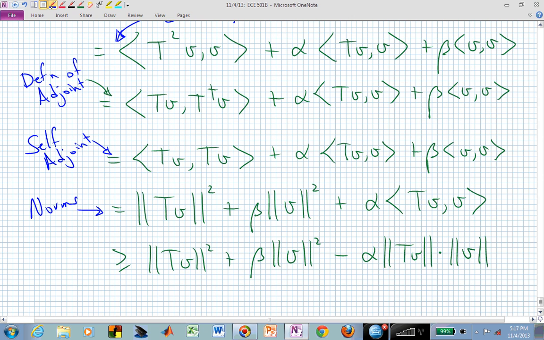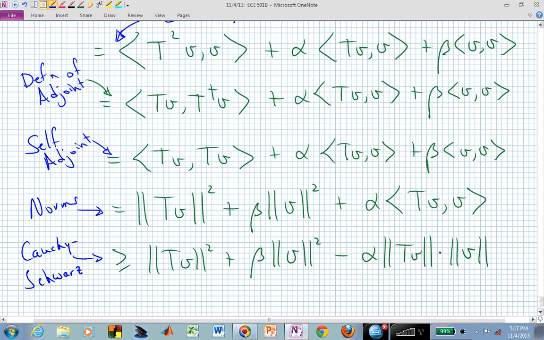And we'll finish this up after the exam, but now I'm going to complete the square because I want this to be bigger than 0.